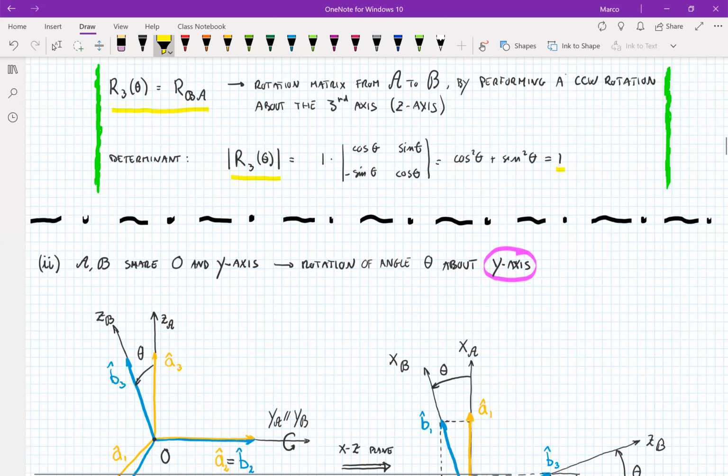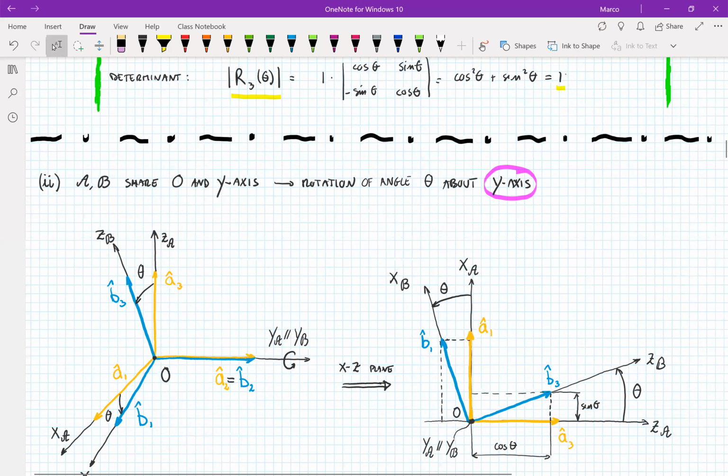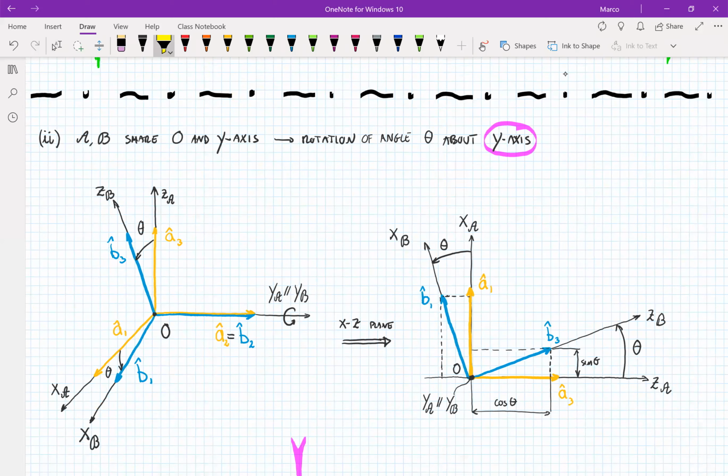Now we can repeat the same analysis, but now starting from the reference frame A, we get to the reference frame B by applying a rotation about the y-axis. So in the end, we're going to have that the y-axis in both A and B reference frames remains unchanged.